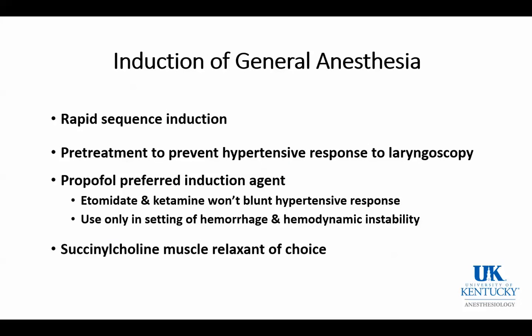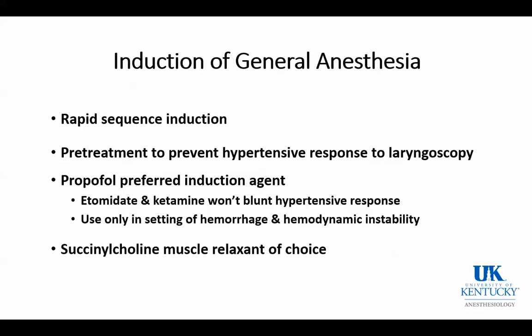Now, in addition to that, you're pre-treating to prevent that hypertensive response. Now it's time for actual induction. In these patients, propofol is going to be your preferred induction agent. Etomidate and ketamine are not going to do anything in terms of blunting your hypertensive response to laryngoscopy, and in fact, they don't blunt the sympathetic system, and so you could see severe hypertension.